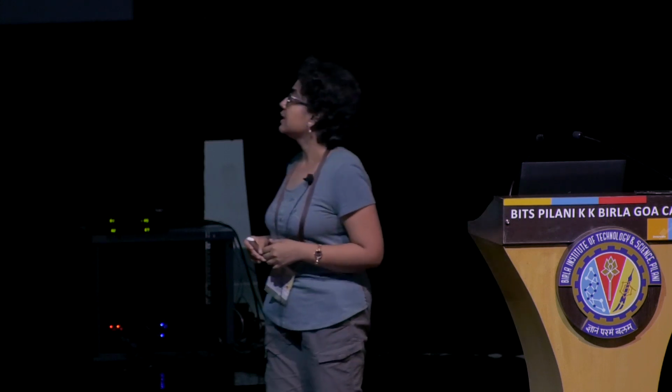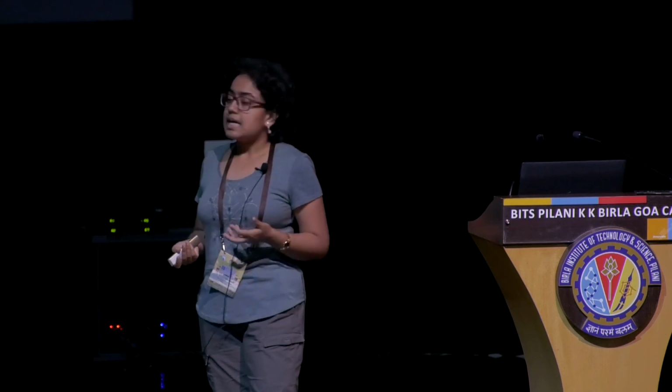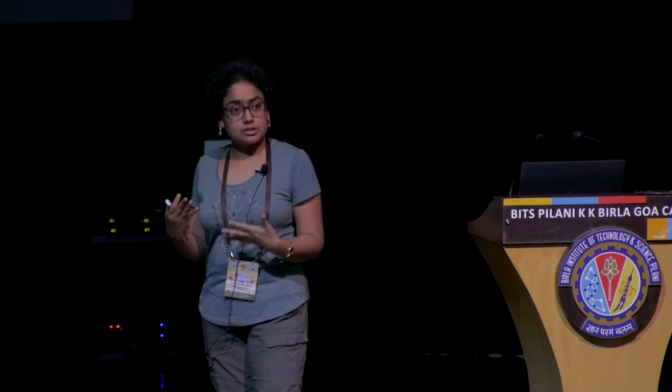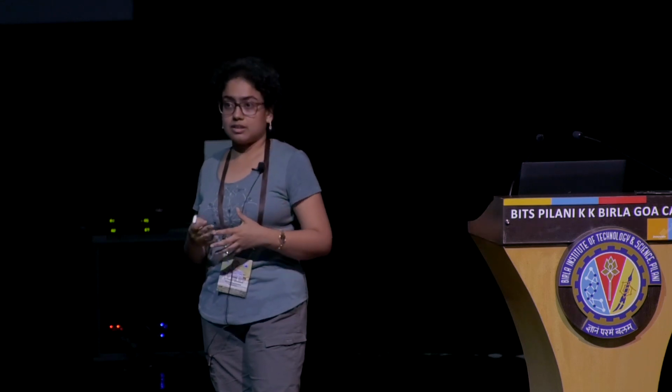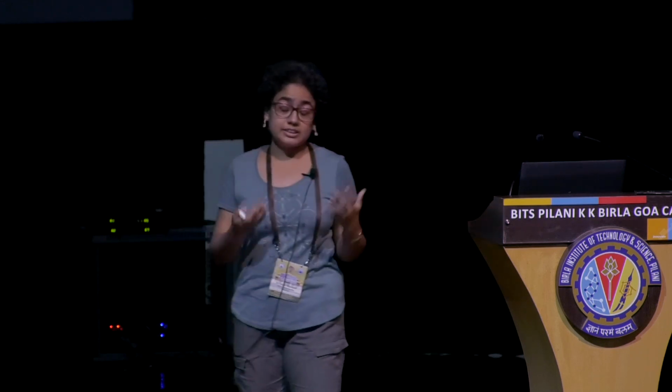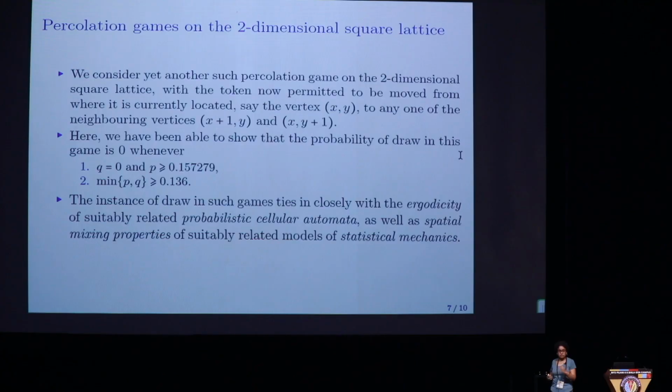And ergodicity is always of interest to us because it helps with numerical computations a lot. If something is ergodic, especially for probabilistic cellular automata, you get a Markov chain, and as long as that's ergodic, it helps with numerical computation. So we are interested in questions of ergodicity. It also relates very closely with spatial mixing properties in models of statistical mechanics.